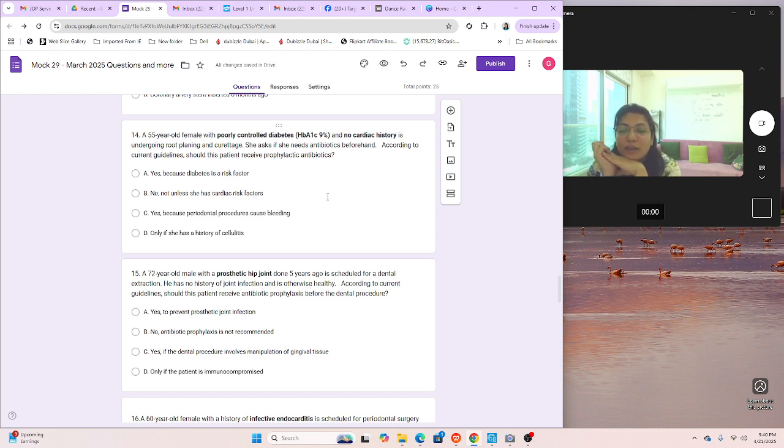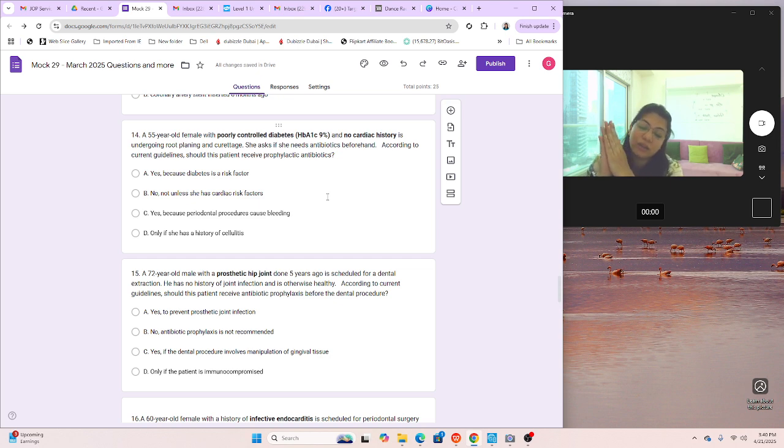How many of you think she should receive prophylactic antibiotics? If your answer is yes, you have made a mistake. Why? If I had asked you, should this patient receive surgical antibiotics, then the answer is yes. Should this patient receive prophylactic antibiotics? No, because there is no cardiac risk factor.